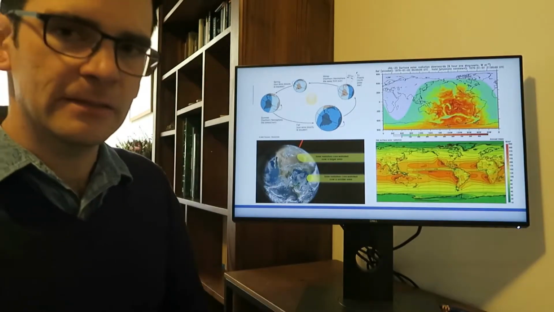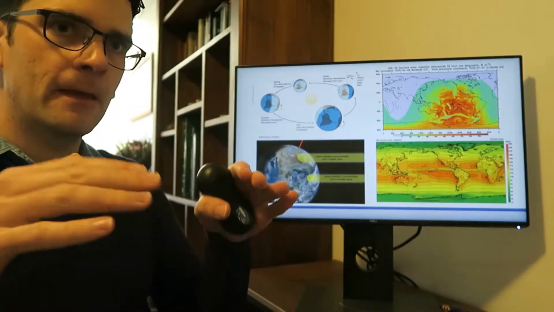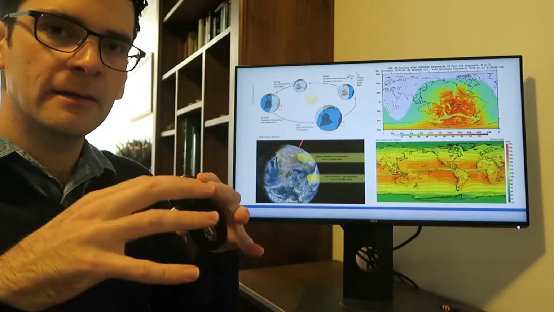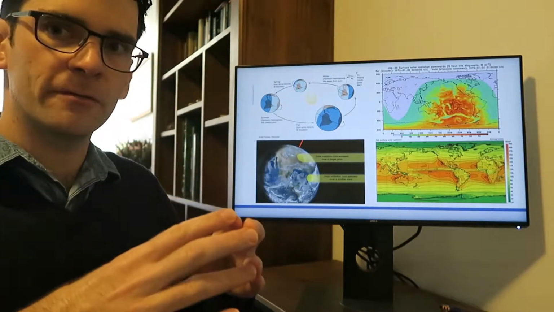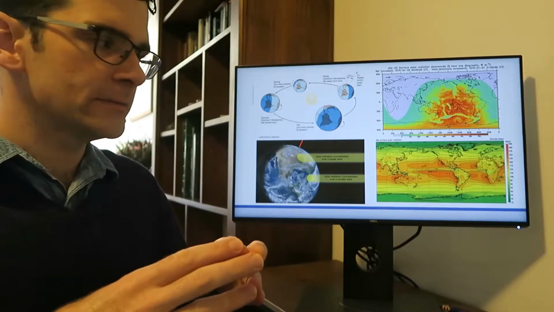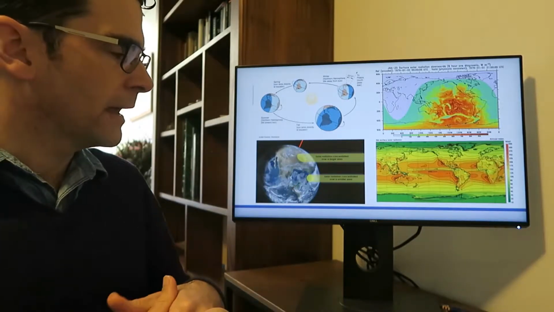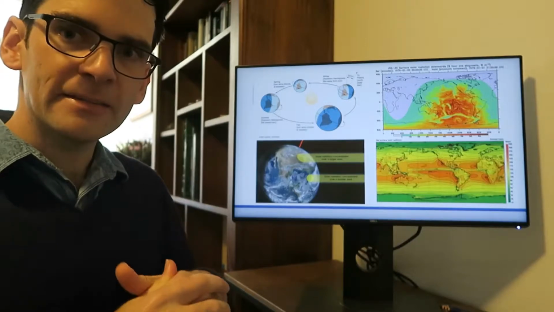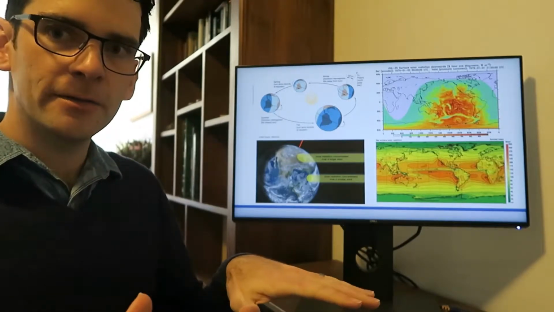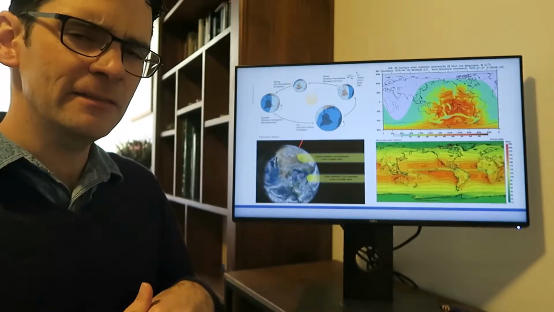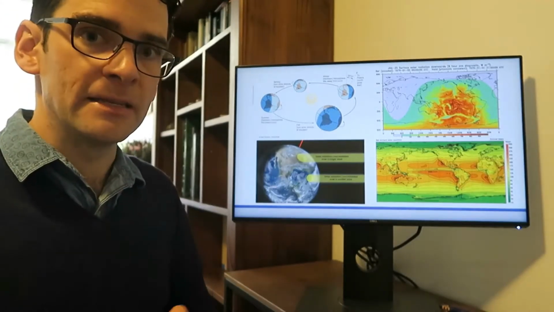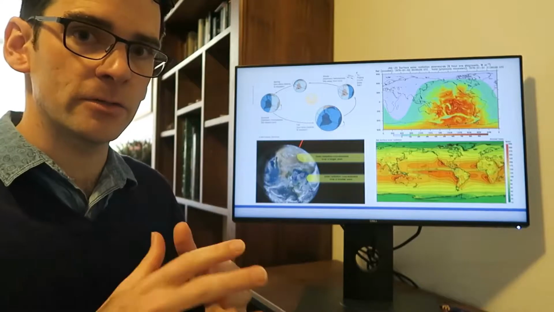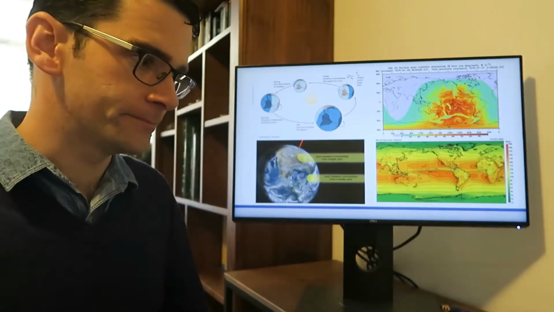Now the reason for this is that if you imagine the same amount of light being concentrated on a smaller area of the Earth's surface at the equator, whereas if you move towards the poles, that same amount of light is being spread out over a larger surface area. And this is generally why it's colder towards the poles than it is at the tropics, because there's less concentration of solar radiation.